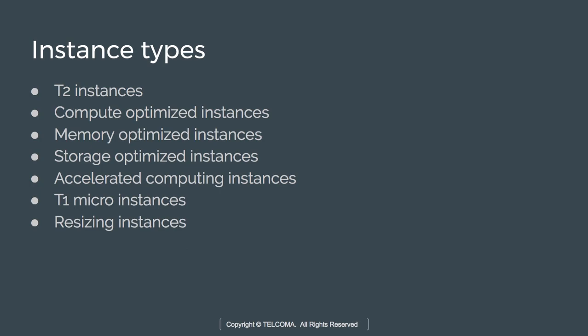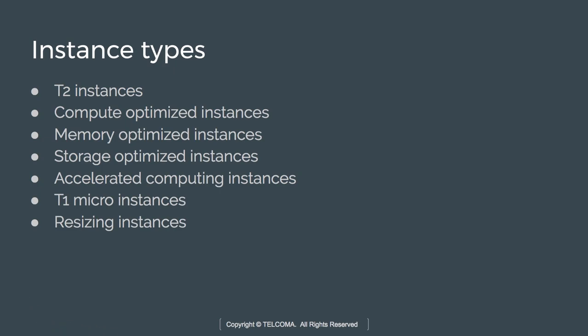These provide a small amount of consistent CPU resources and allow us to increase CPU capacity in short bursts when additional cycles are available. They are well suited for lower throughput applications and websites that require additional compute cycles periodically. We have resizing instances. Resizing means changing the size of the instance simply by changing the instance type. So we call it resizing.